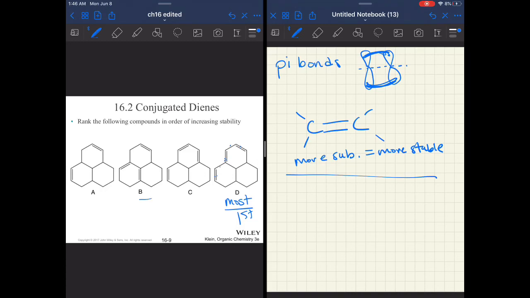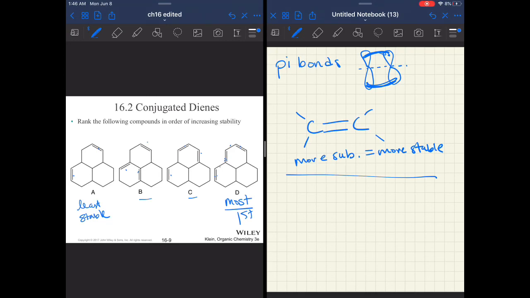In B and C, you have a pair that is conjugated and then one that is isolated. And then in A, you only have isolated. So we're going to say that this one is the least stable, because isolated, you don't have any of that stabilizing conjugation. That's as far as this new rule can take us.